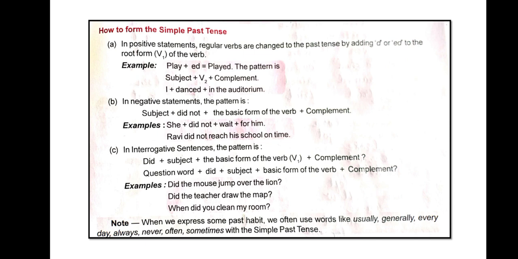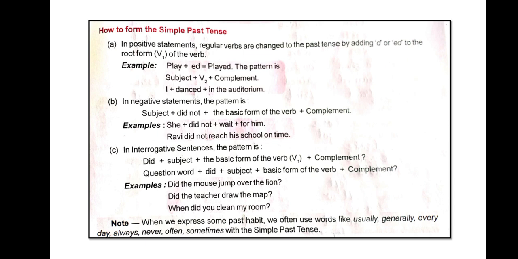The pattern is subject plus verb plus complement. So in a sentence we can say, I danced in the auditorium. Number B, in negative statements, the pattern is subject plus did not. For negative we use did, for past tense, plus not.